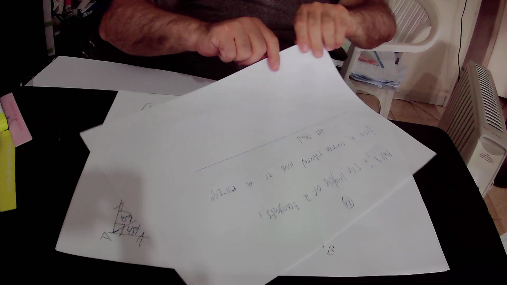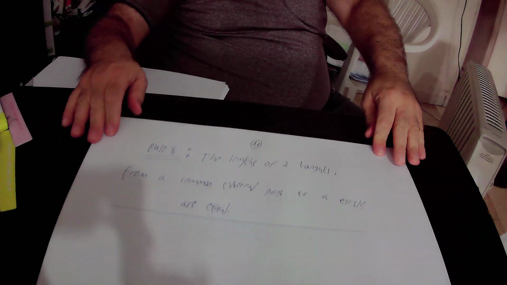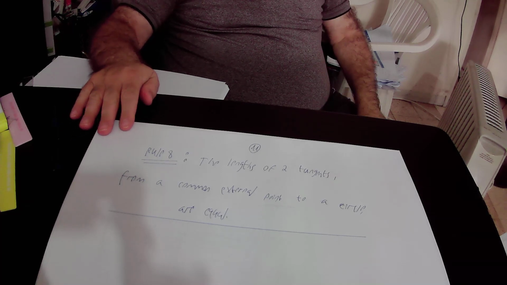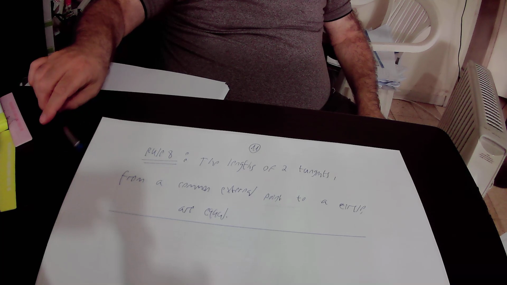So I'll read rule number 8 again. According to rule number 8, the lengths of two tangents from a common external point to a circle are equal.